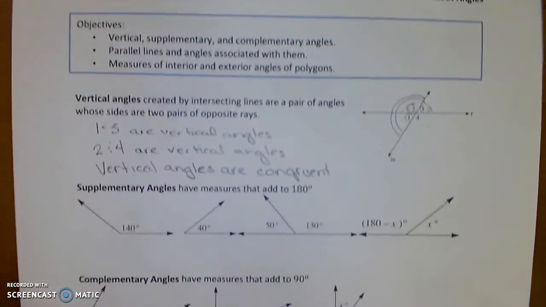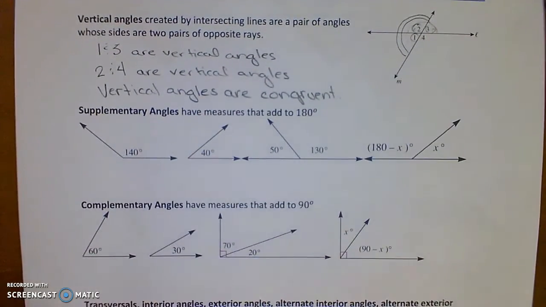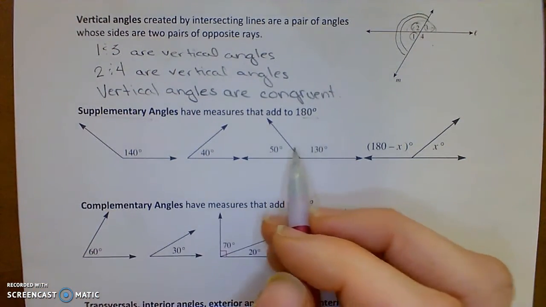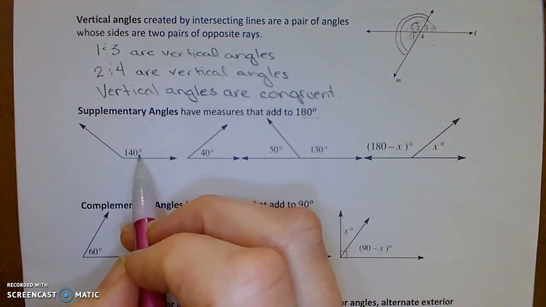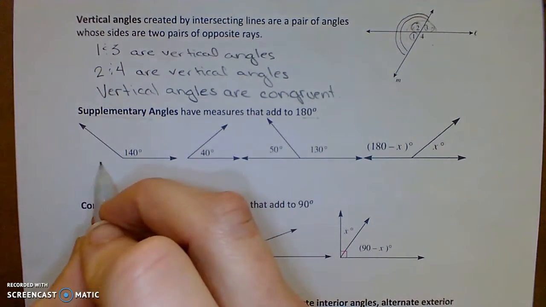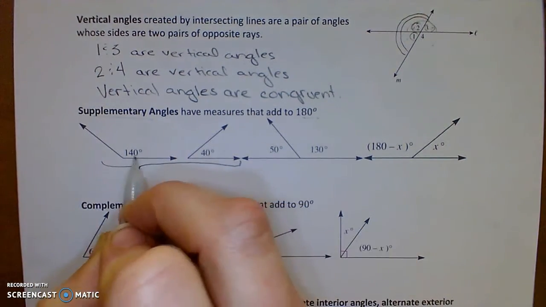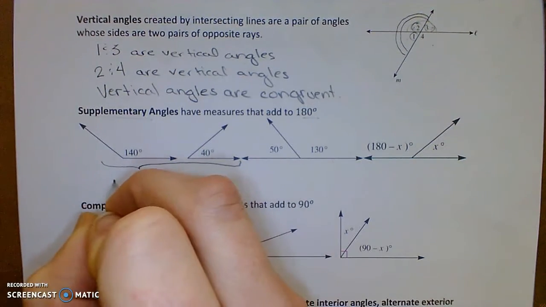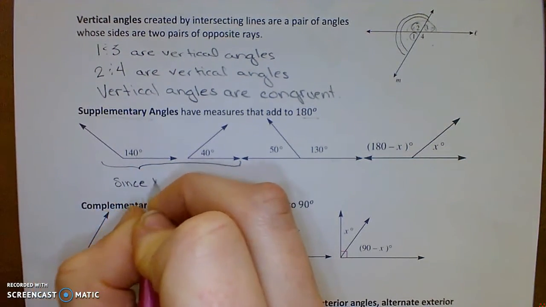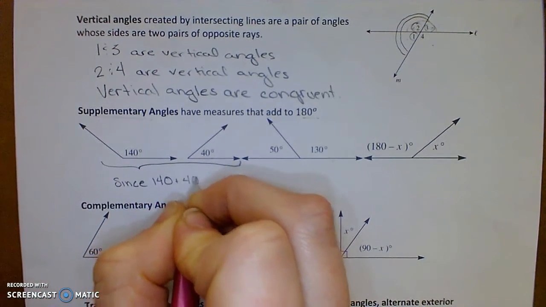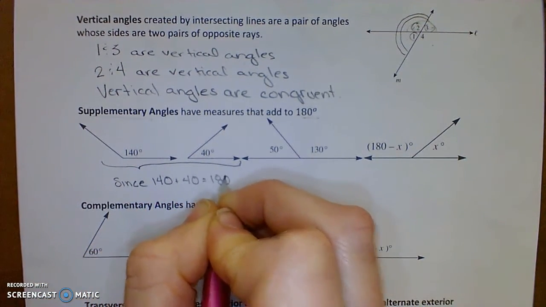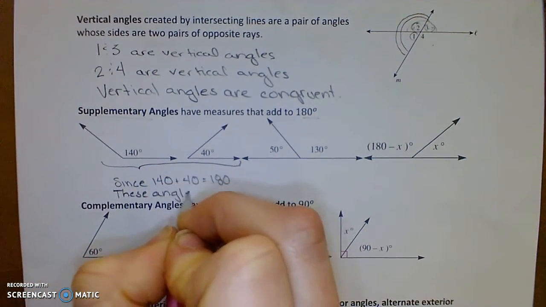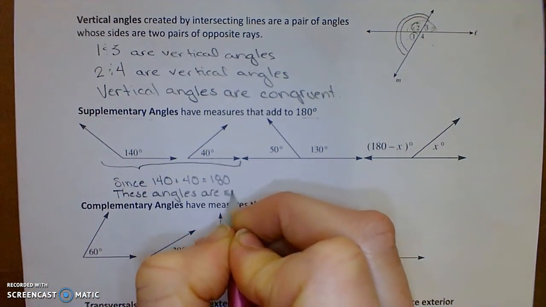Okay, another vocab word for us are supplementary angles. Two angles are supplementary if they add up to 180 degrees, meaning if you place them next to each other, they create a straight line. So for example, these two angles here, 140 degrees and 40 degrees, add up to 180. So since 140 plus 40 equals 180 degrees, these angles are supplementary.